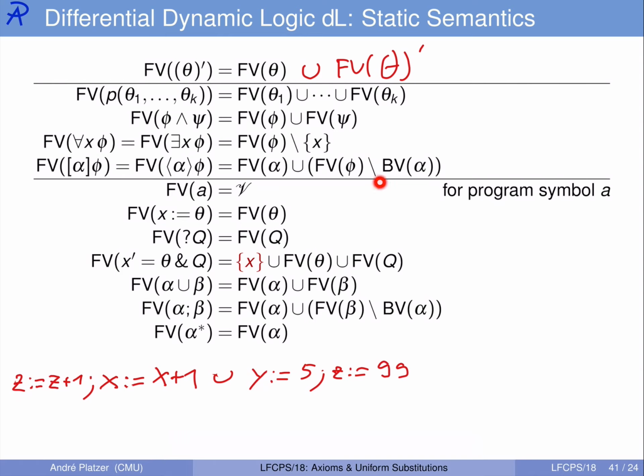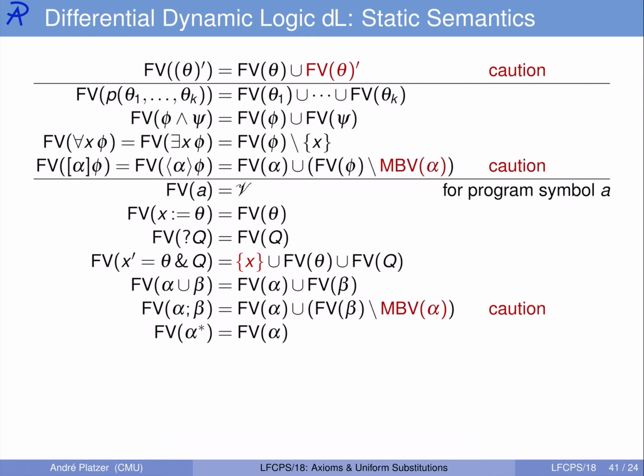And only the ones that are guaranteed to be written to are the ones that are no longer being read in phi. And likewise for the sequential composition case, actually. So, in other words, here we need to apply some caution and go for only removing the must-bound variables, not the ones that might be bound on some path of the program, but the ones that are guaranteed to be bound on every path of executing the program.